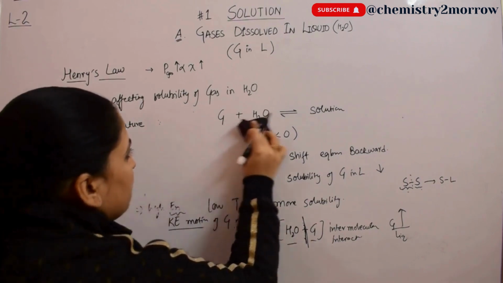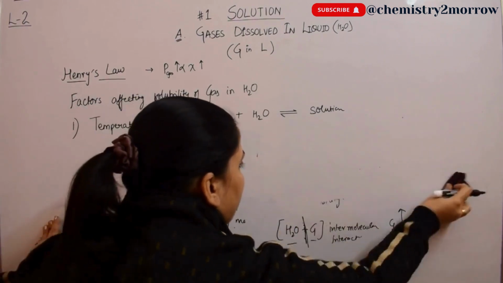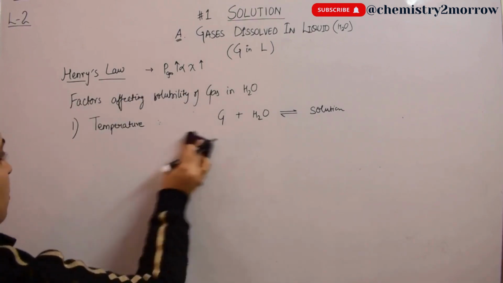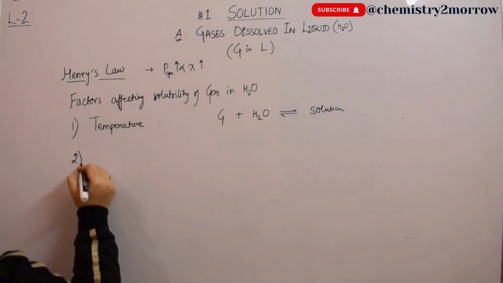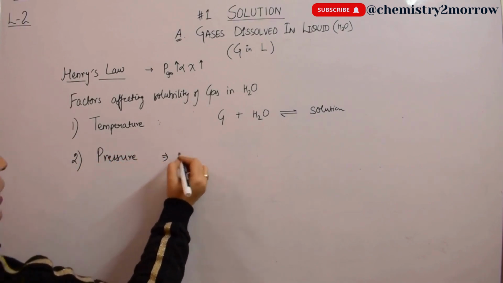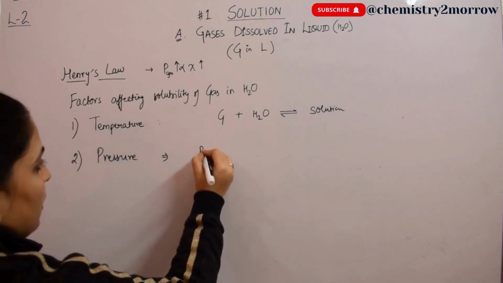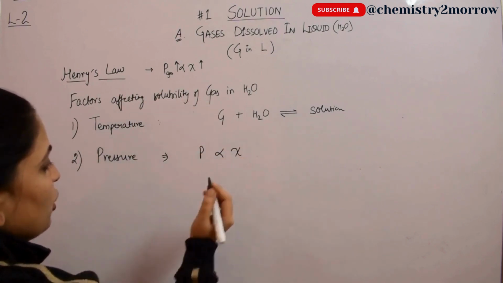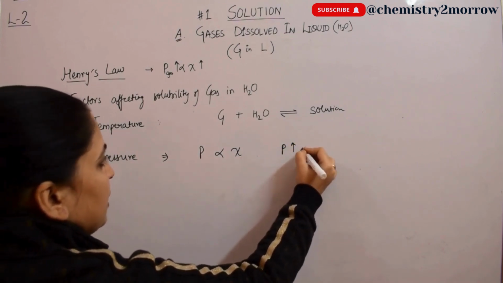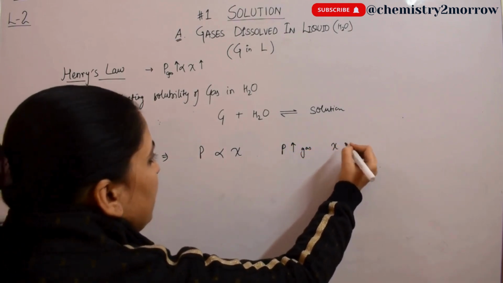The second factor that affects the solubility of gases in liquid is pressure. And this is very well apparent from Henry's law, since pressure is directly proportional to the amount of gas dissolved. If we increase the pressure of the gas, then the solubility will increase.